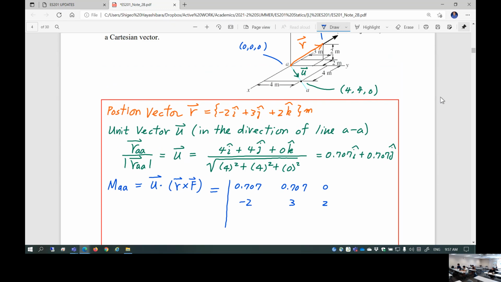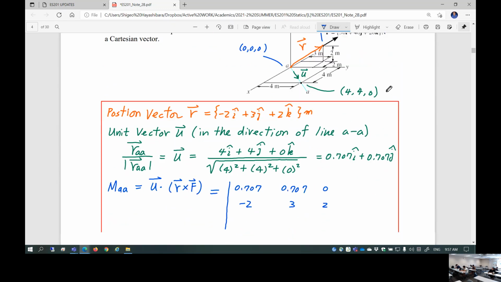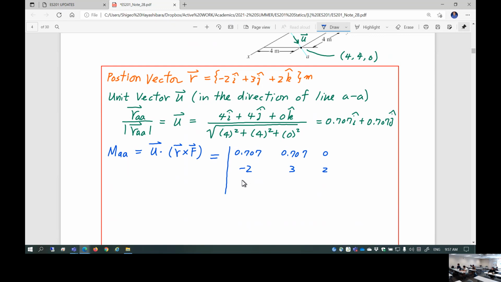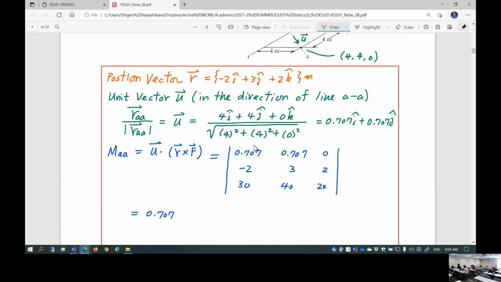What is force? Well, force is given as 30i plus 40j plus 20k. There we go. So 30, 40, 20. Let's do the determinant first of all. Take this, multiply by that, minus that.